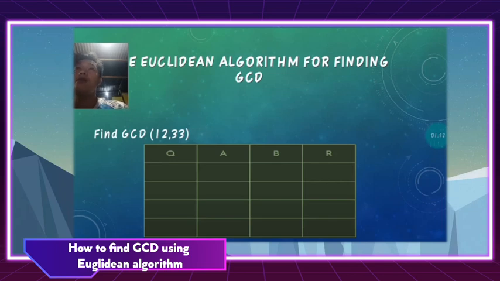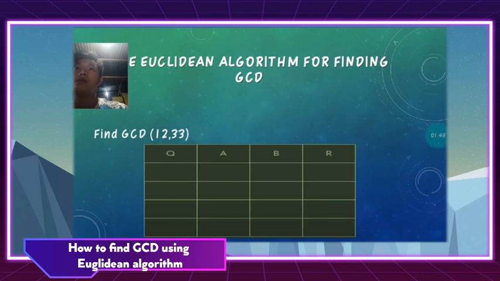So 12 and 33, we have two numbers here, and we take A and B as two variables. Obviously we are going to do the division. Division has two outputs: one is the quotient and the other is the remainder. So just take four columns like this: quotient, A, B, and remainder R.